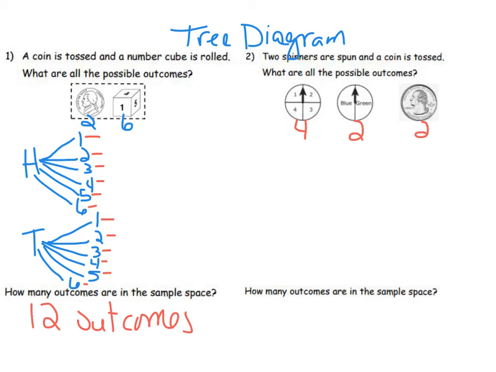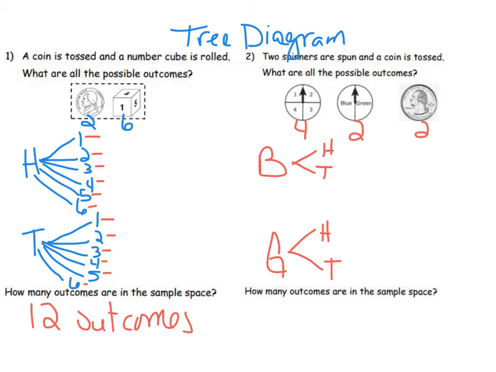So I could start with a spinner or I could start with a coin. It doesn't really matter. So I'm going to start with the spinner. So I'm going to go ahead and put B for blue and G for green. Okay, then I'm going to do my coin. And I know it has 2 possible outcomes, so I'm going to do heads and tails, heads and tails.